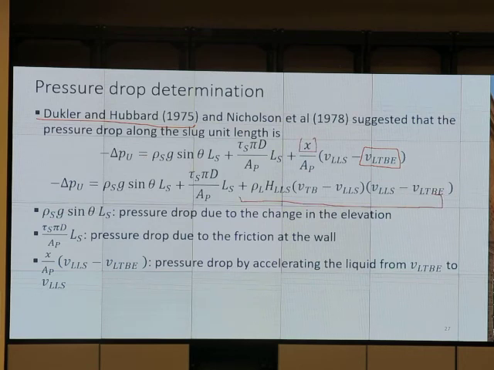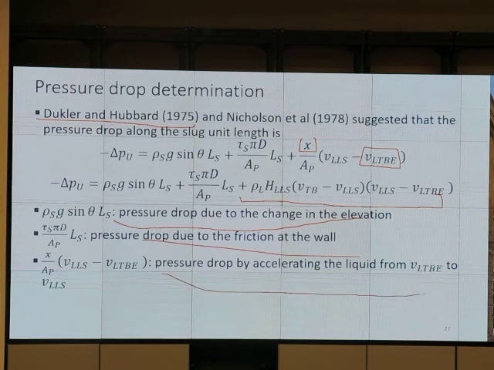Substitute x value divided by A. Rho g sin theta is the pressure drop due to the change in elevation, pressure drop due to friction, pressure drop due to picking up or acceleration. Taitel-Barnea didn't use the same thing. No acceleration term, because to add an acceleration term over that is not correct.